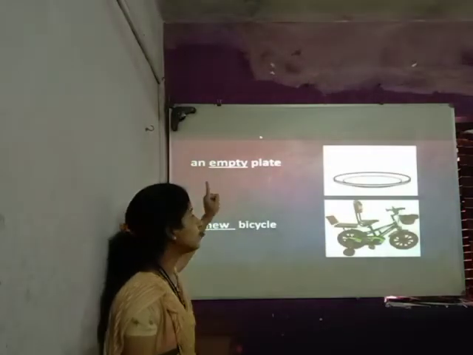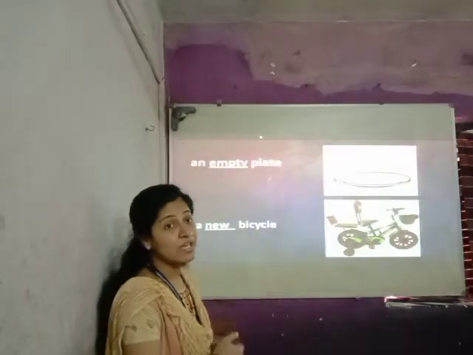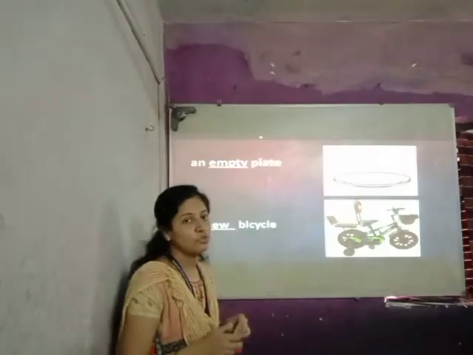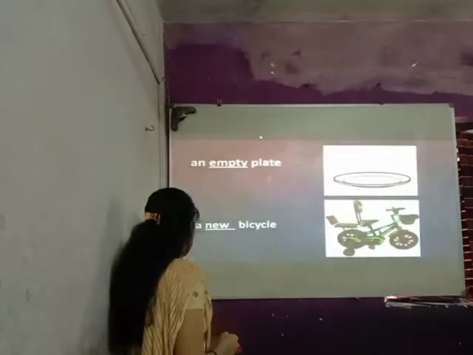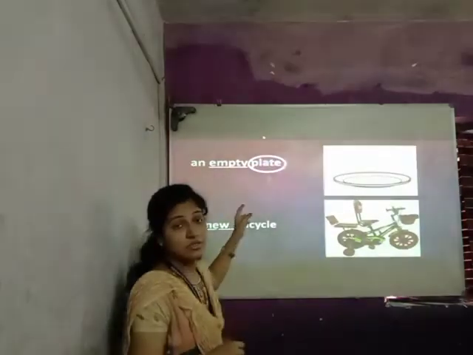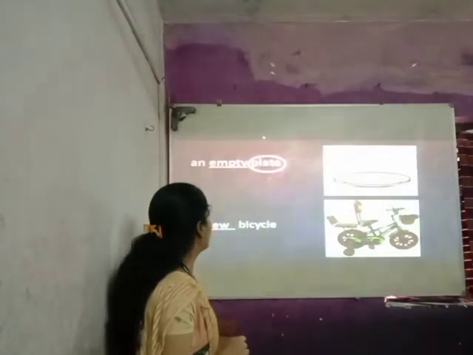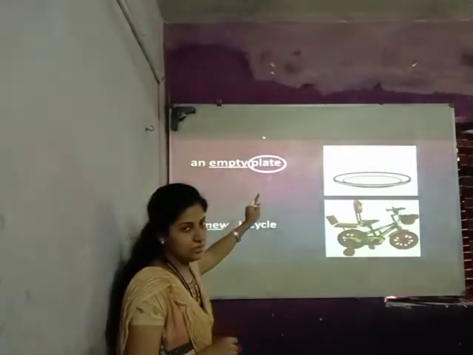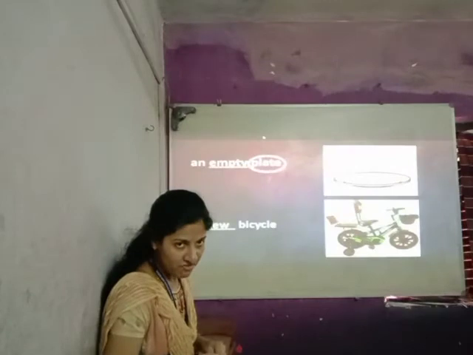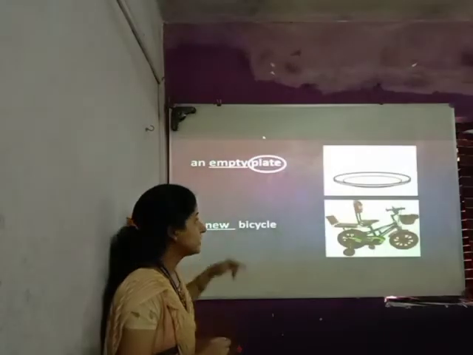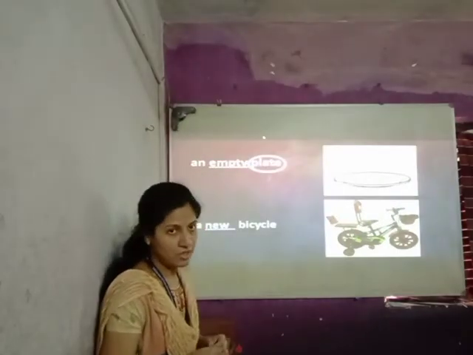And it describes about whom? It describes about plate. So plate is a naming word. So we'll circle the word plate. So an empty plate. In this sentence, empty is a describing word and plate is a naming word.